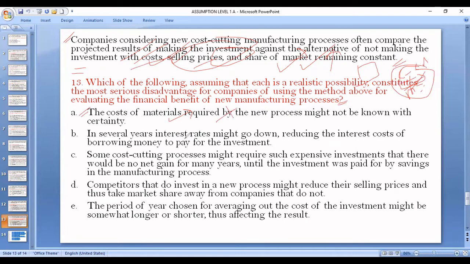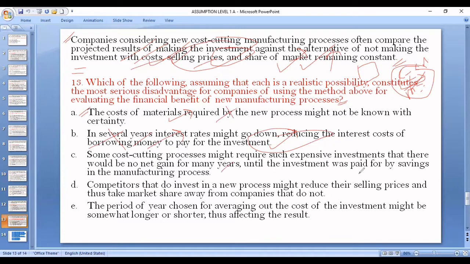Option B: In several years, interest rates might go down, reducing the interest cost of borrowing money to pay for the investment. From a wider range it is okay, but from a critical reasoning point of view, it is too wide. Why? Because whether they are taking a loan or not, we do not know. If we do not know, we cannot assume anything. Hence, B out.